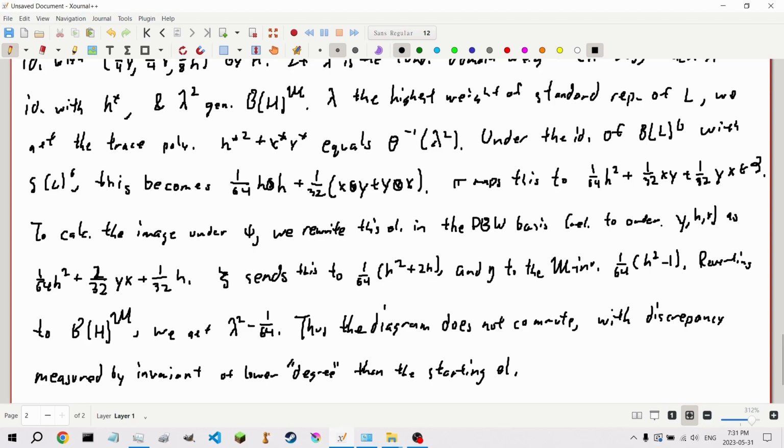Sorry about that. Thus, the diagram does not commute with discrepancy measured by invariant of lower degree than the starting element.